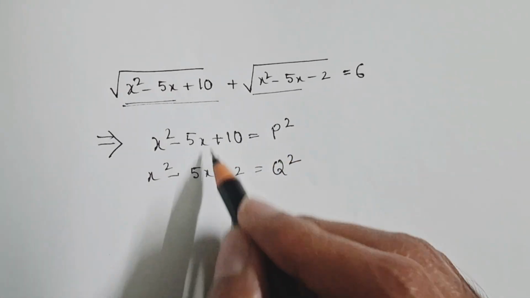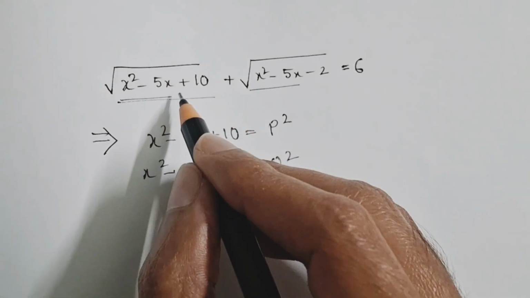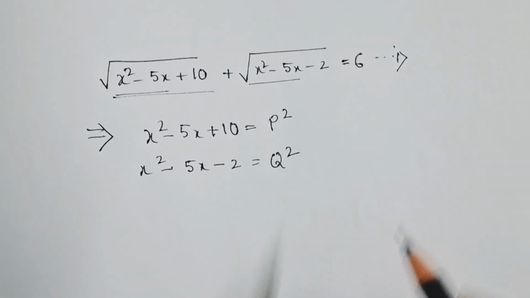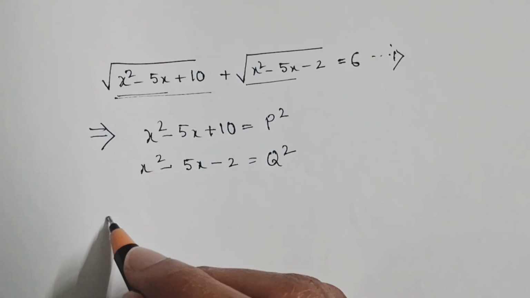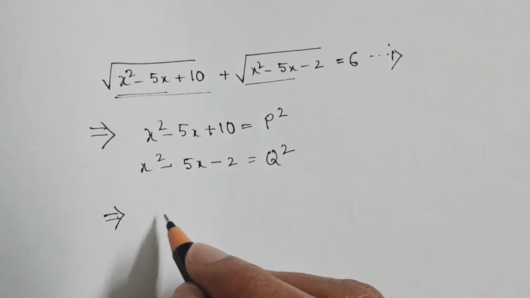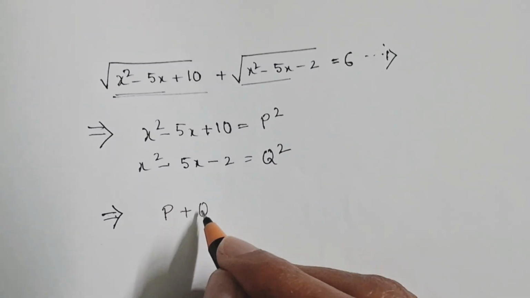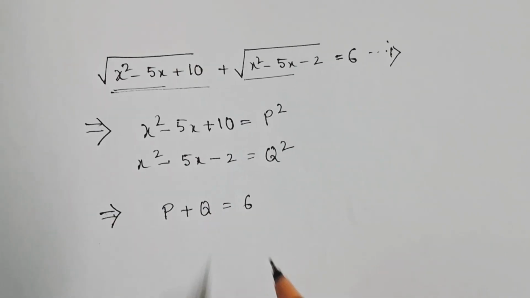So if we put p square and q square in this equation, let's say this is number 1, we have under root of p square, that is p, and under root of q square, that is q, that's equal to 6.